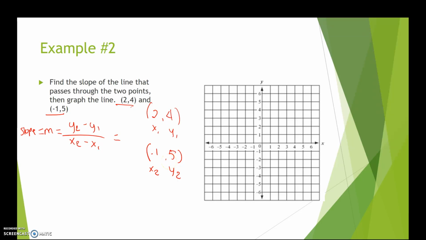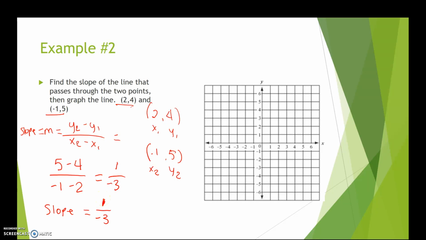So I can set this up as 5 minus 4 over x2 is negative 1 minus 2. 5 minus 4 is going to give me 1. Negative 1 minus 2, that's going to give me negative 3. So my slope for this line is going to be 1 over negative 3.